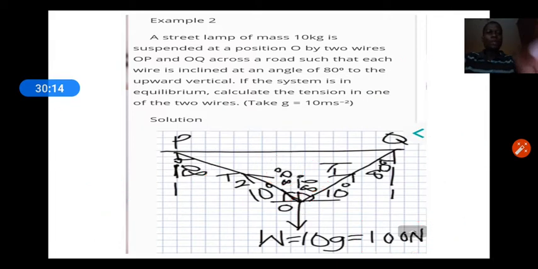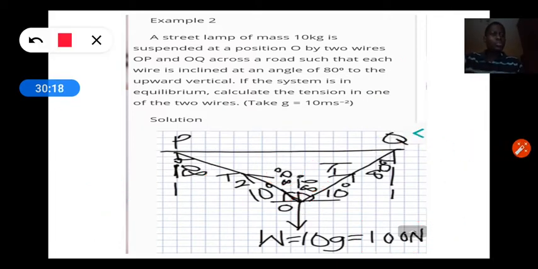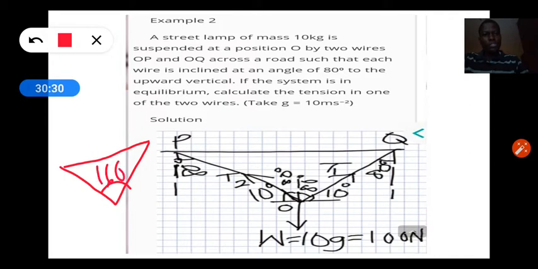And if you are smart, let me quickly show you something. If you are very smart, you will know that this looks like what we call an isosceles triangle. Why? Because altogether here I have an angle of 160 degrees, adding 80 and 80.